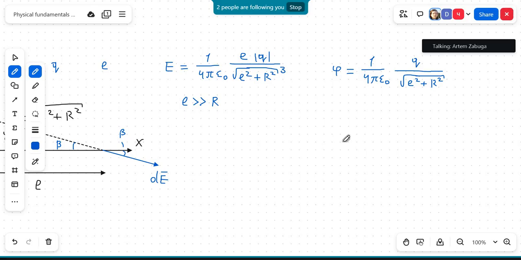Which conclusion can we make from this condition?